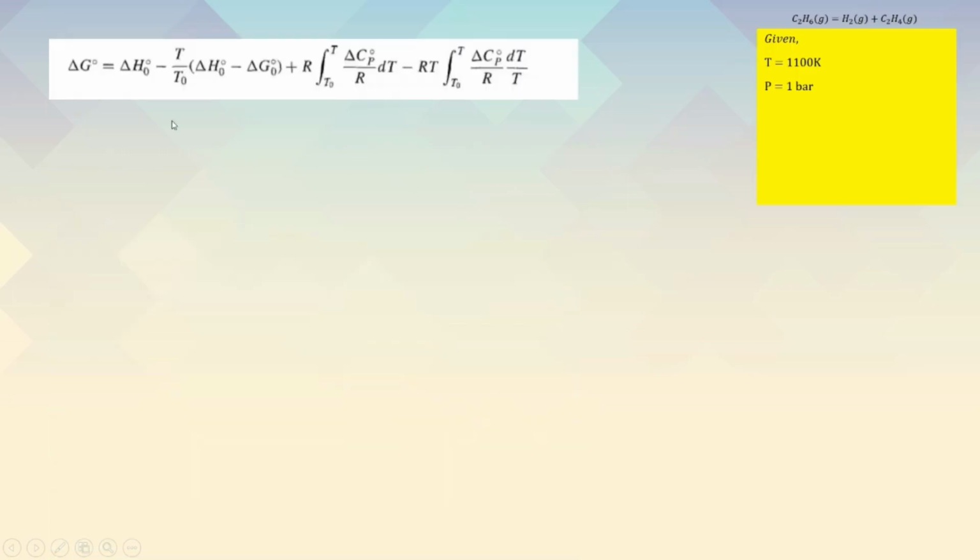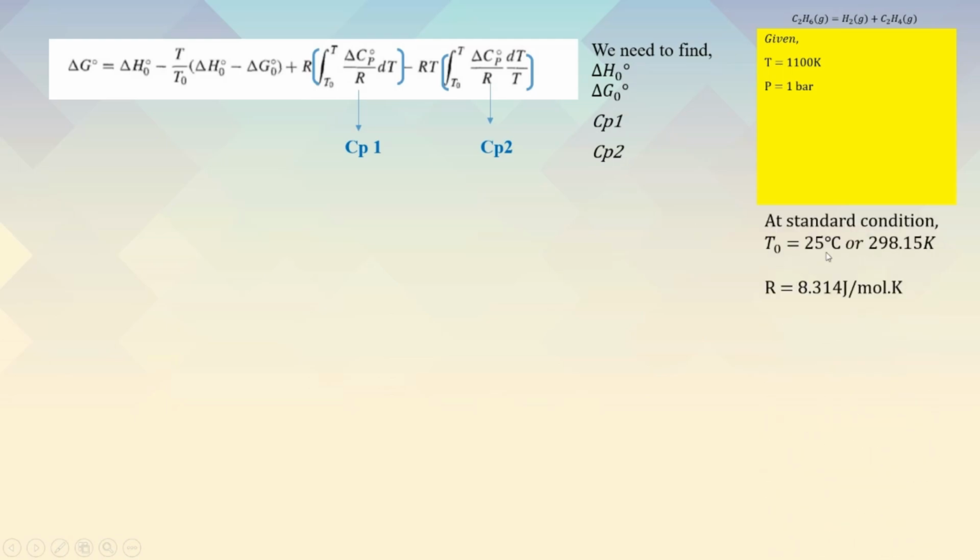To find del G, we use this chemical equation, and I will name the first integration as CP1 and the second integration as CP2. According to the formula here, we will need to find standard del H, standard del G, CP1 and CP2. Standard del H and standard del G are the values of del H and del G at standard condition, which is 25 degrees Celsius or 298.15 Kelvin, and this R is the standard constant value.